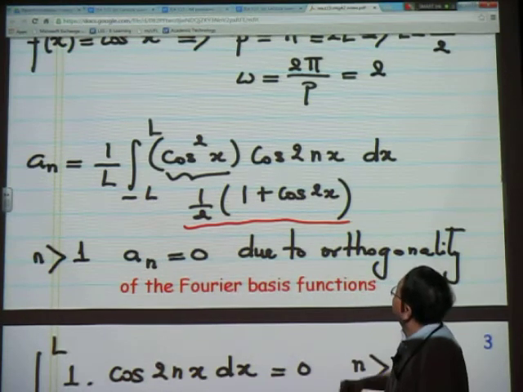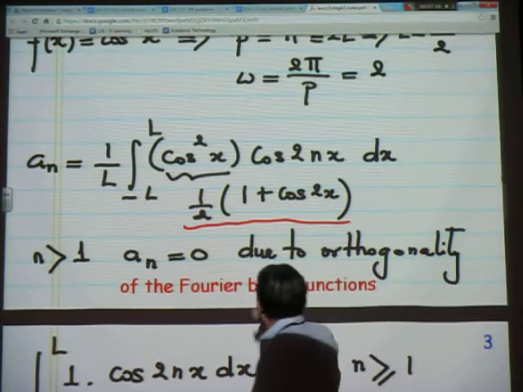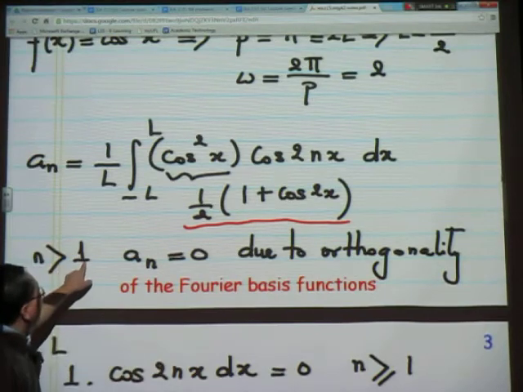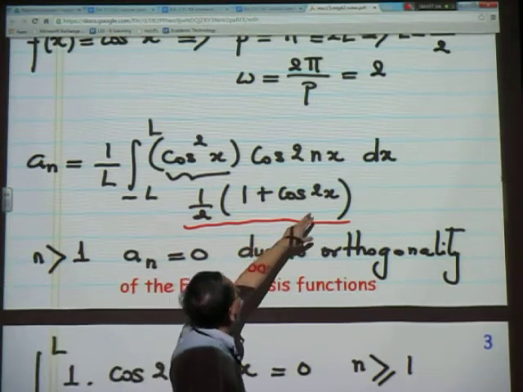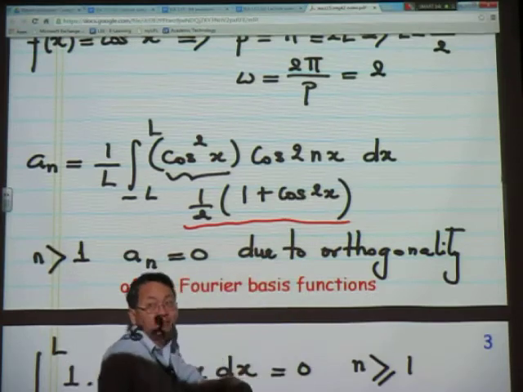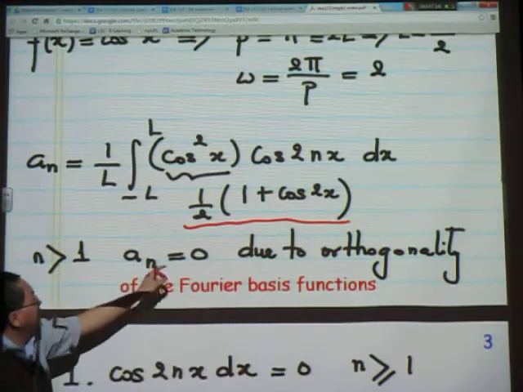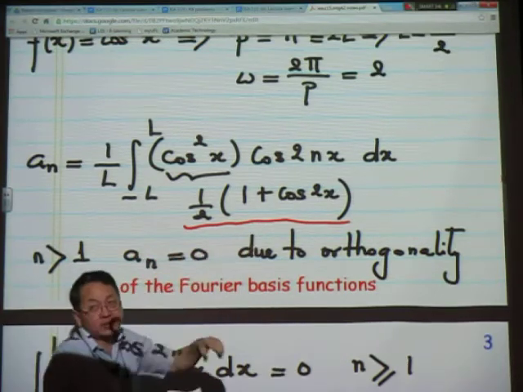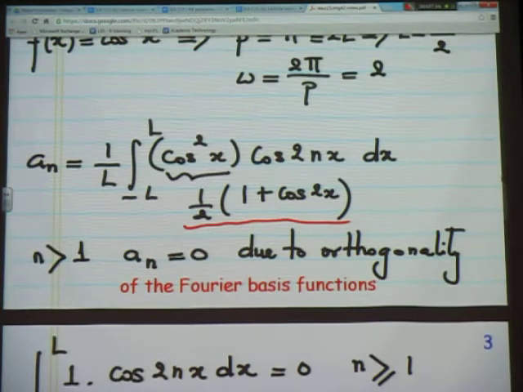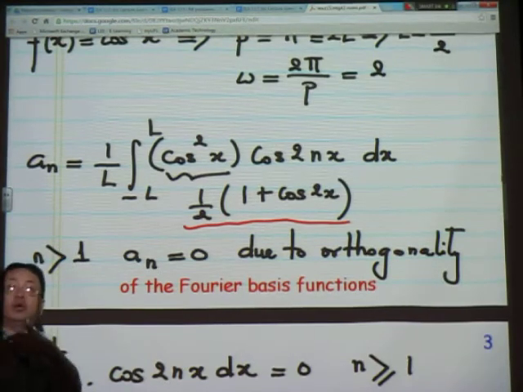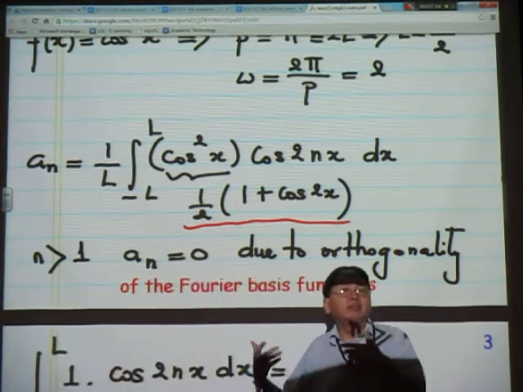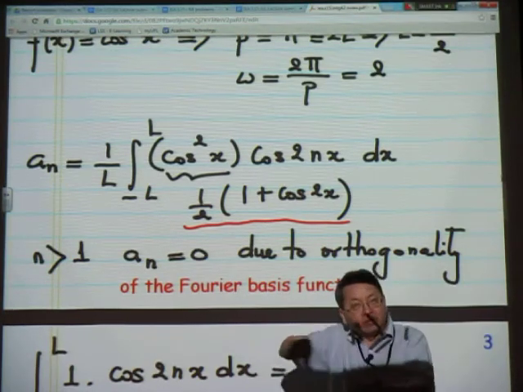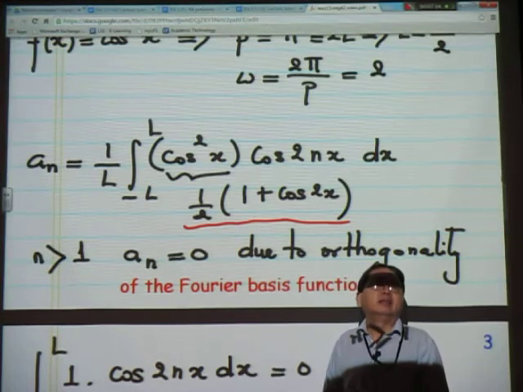Okay? And then for n greater than 1, cosine of 2x times cosine of 2nx will be 0 because of orthogonality. And you can use the formula of the product of two cosines to verify if necessary. But in an exam, if you are running out of time, then you can appeal to orthogonality, and then later on when you have more time, you can expand out the integral.